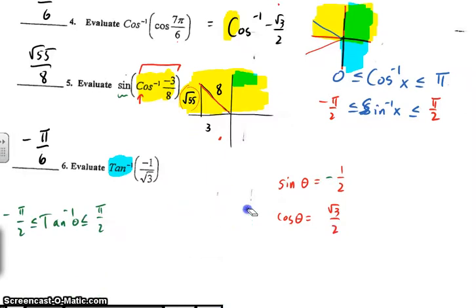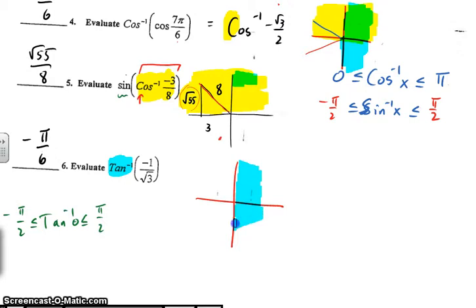The next one. Find the angle whose tangent is negative 1 over root 3. Now, there are two places where that could occur, but remember, inverse tangent is in these two quadrants, between negative pi over 2 and pi over 2. So I like to think of tangent as slope. Well, this is like the change in y, and this results in a sine of negative 1/2.